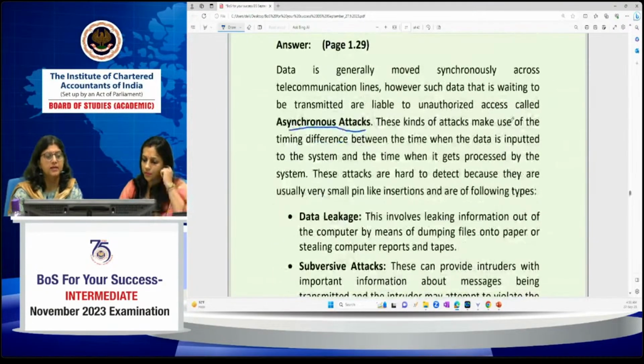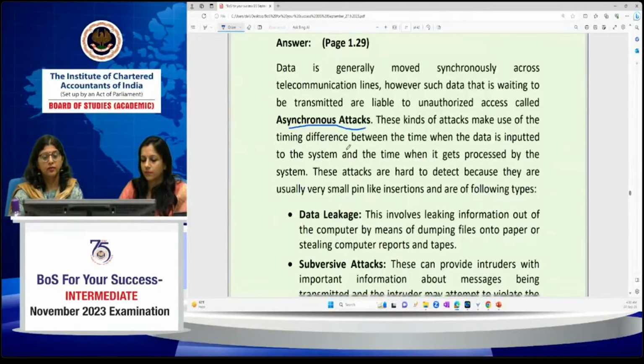These attacks make use of the timing difference between the time when the data is inputted to the system and the time it's transmitted. In between that time duration, most of these attacks happen. So this is the attack talking about that type only.